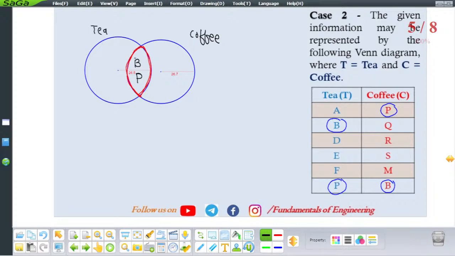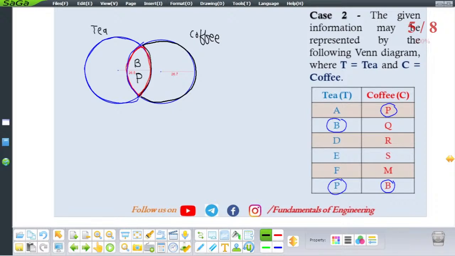Now you can see here, this is the area of the persons who like to drink only tea, and this is the area of the persons who like to drink only coffee.